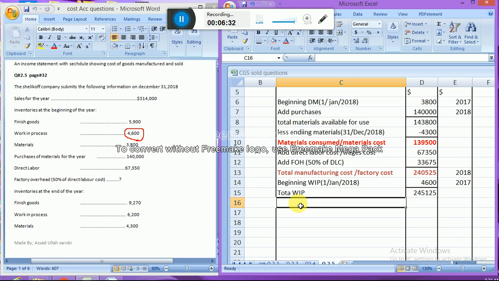If we do not subtract it, both years' income statements will give us the wrong result.